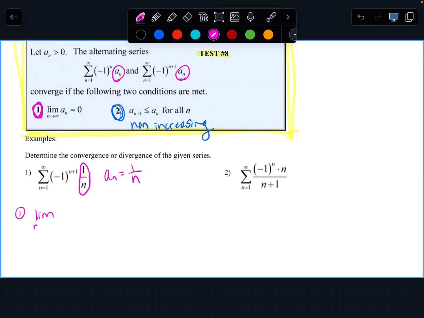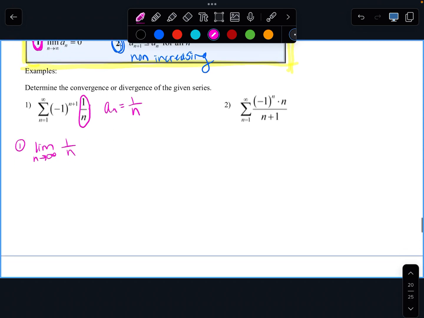So the first thing you do is show that the limit as n goes to infinity of 1 over n equals 0. A lot of you can do that in your head, but you have to show it to be legit.